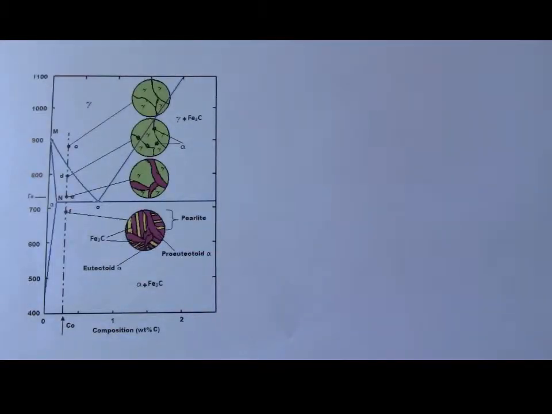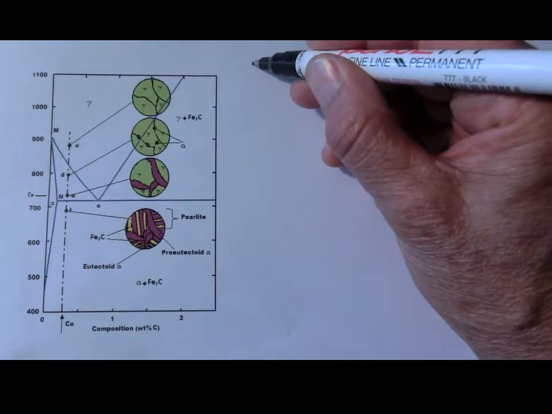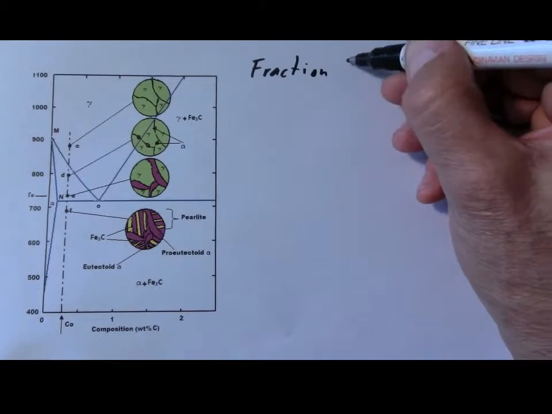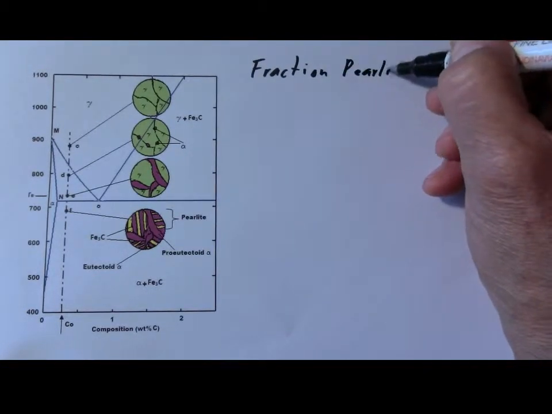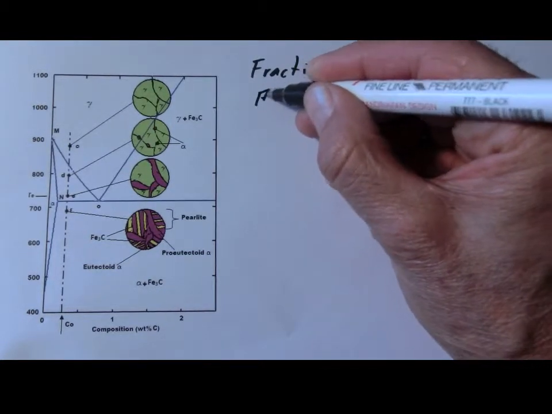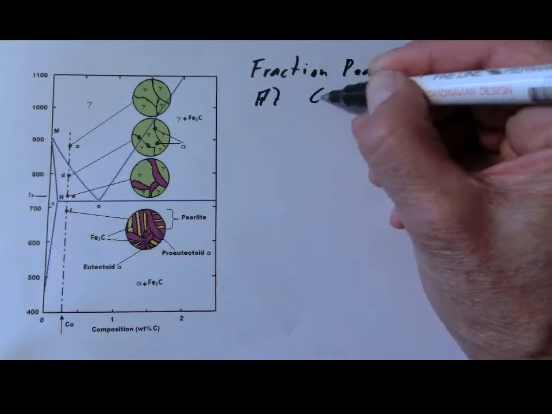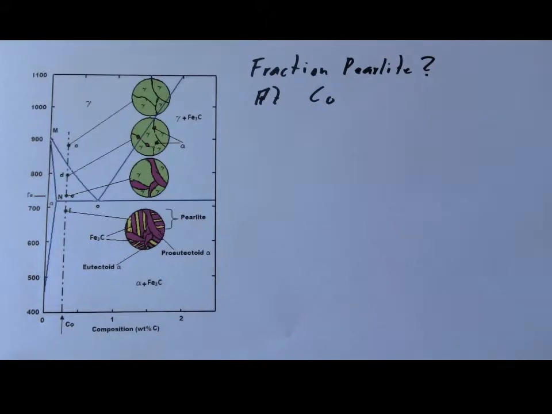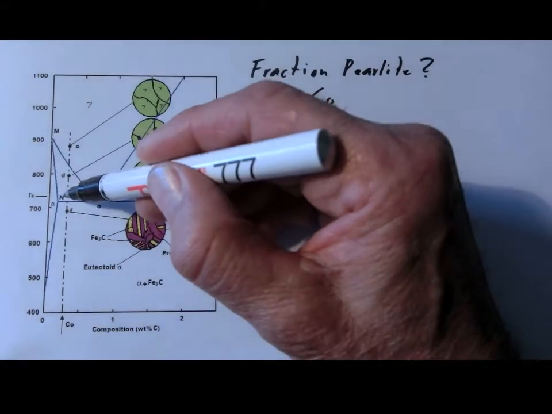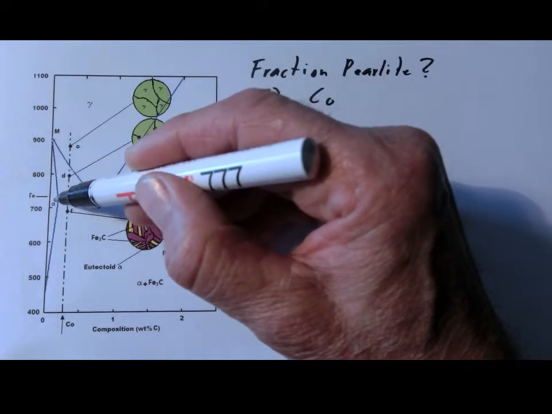Now we will use the phase diagram to calculate the fraction pearlite in an alloy with a certain composition. So the question is: fraction pearlite at composition C0. And C0 is here on this line. If you look here, we see that this distance is rather short.